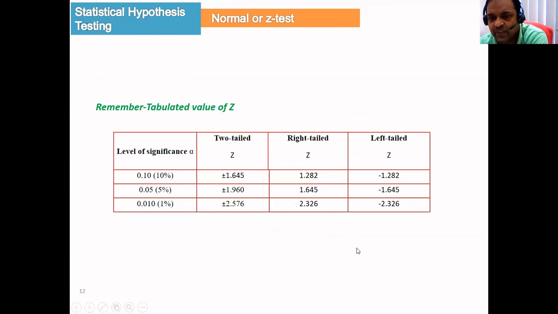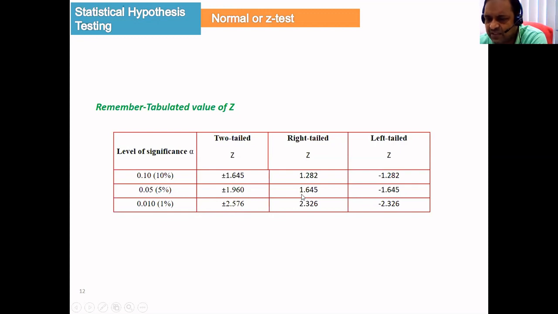If you use the conventional method, please try to remember this table. Normally the standard levels are 5% or 1%, and it is better to remember these two values. For a two-tail test, the value of Z is plus or minus 1.96 for 5%, and for 1% it is 2.576 or 2.58.